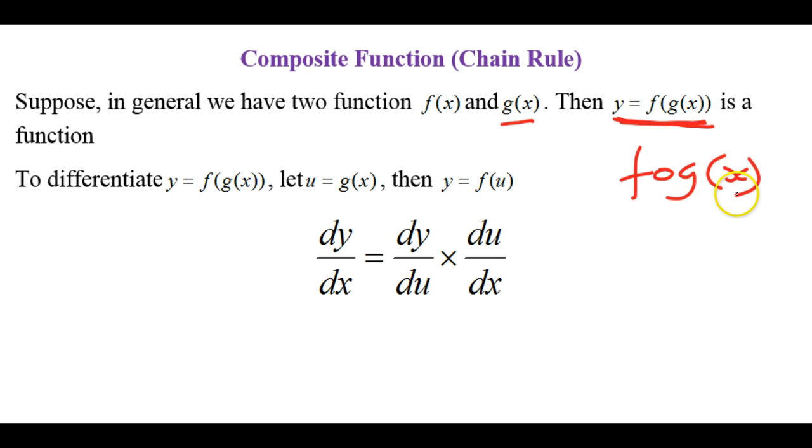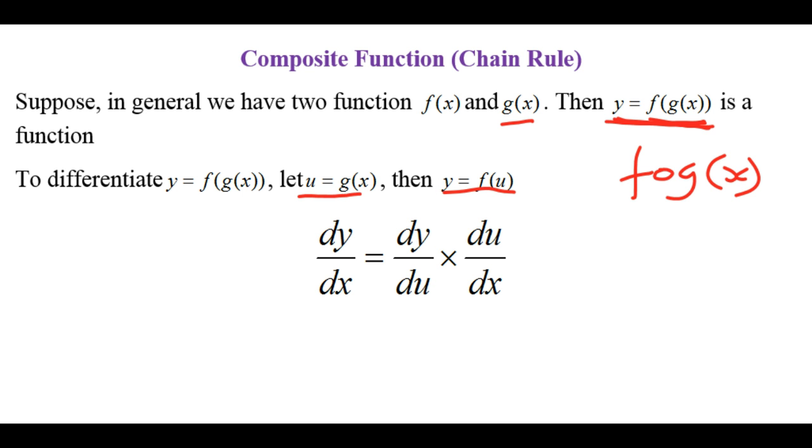That means g is inside f. Now, if you want to differentiate this particular function, which is y equals f of g of x, then we let u be equal to the interior function, which is g of x. In that case, we can write y to be equal to f of u.